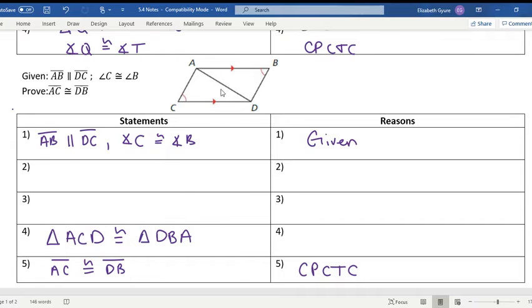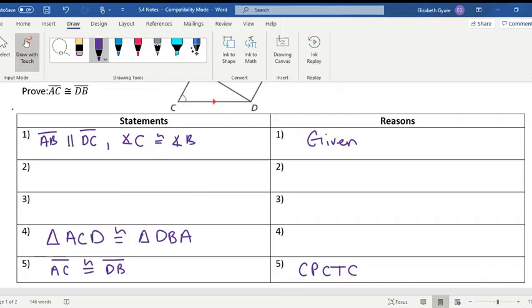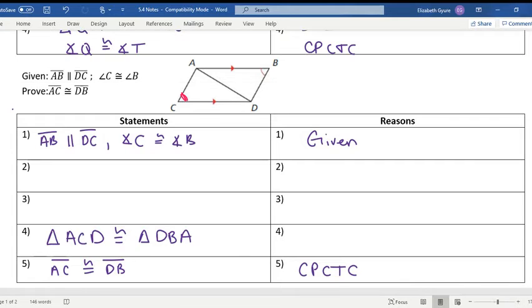We were given our parallel lines, and we were given a set of congruent angles. So we have a freebie here with our congruent angles. So let's look at our other given. What are parallel lines going to give us? Who remembers?